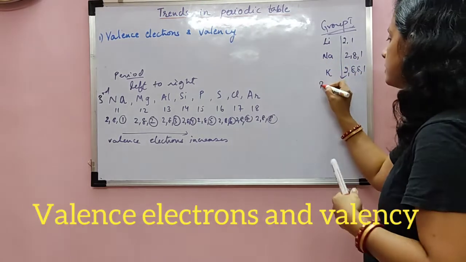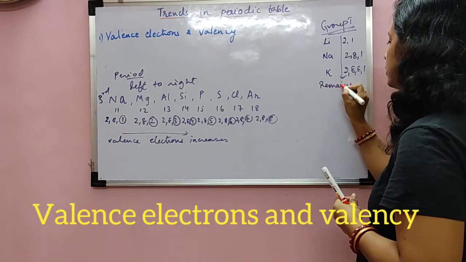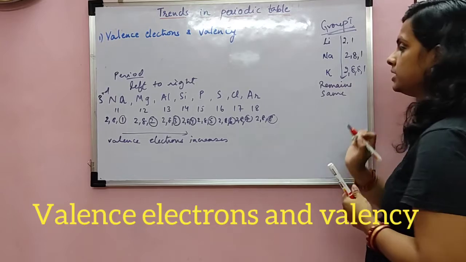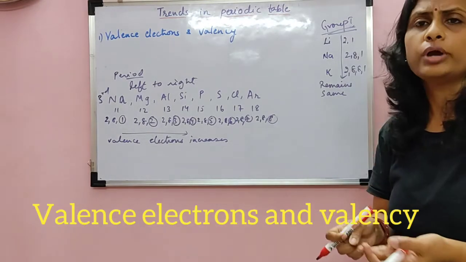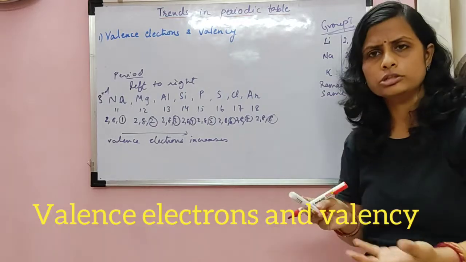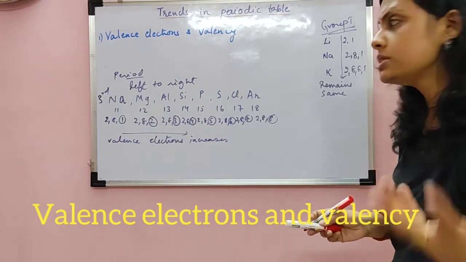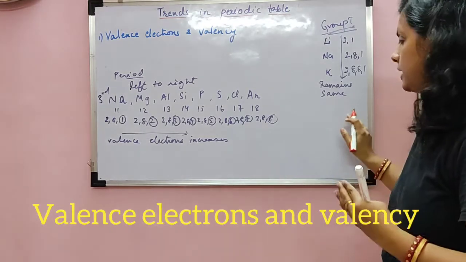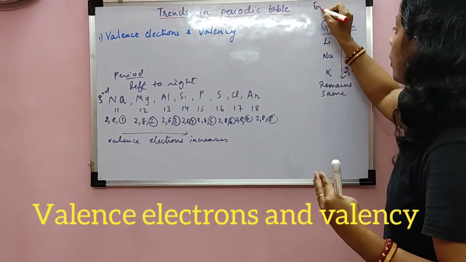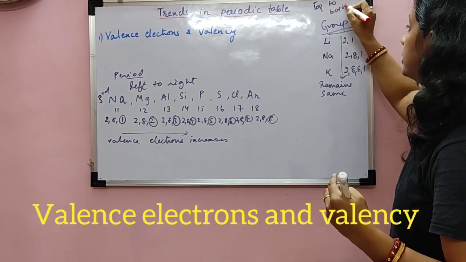It remains the same in the case of group 1 elements or any group. It's not only for group 1, group 2 also, group 13, 14, 15, 16, whatever. So the number of valence electrons remains the same when you move from top to bottom in a group.